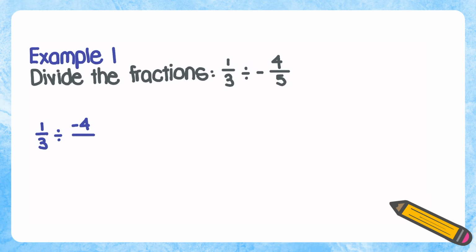So negative 4 over 5. And my first step is to take the reciprocal of the second fraction. So I'm going to now have 1 over 3 times 5 over negative 4. I took the reciprocal here, and now instead of dividing, I'm going to be multiplying these fractions.